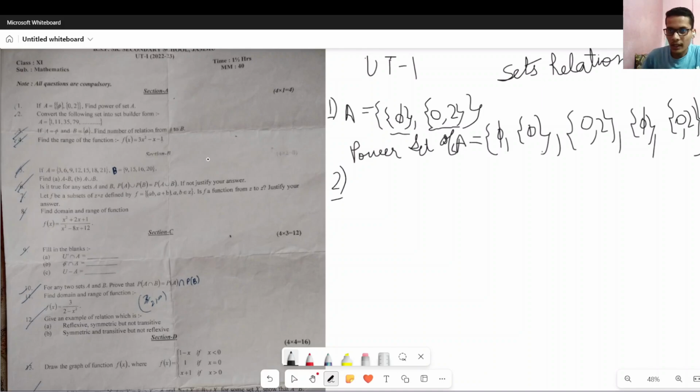Convert the following set into set builder form. We are given a series, and what is the series? A equals 1, 11, 35, 79, and so on.